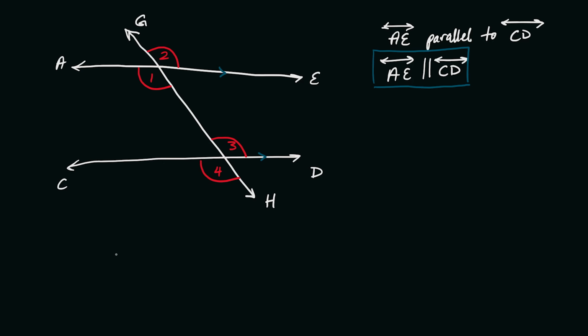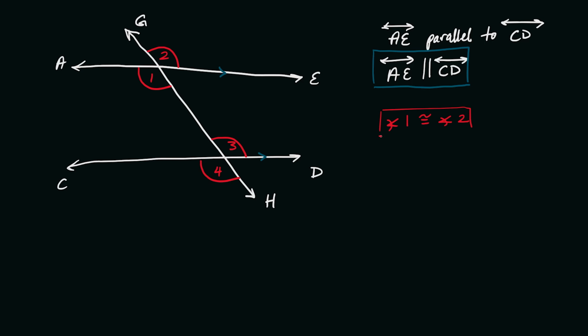Now, this will work whenever we have two parallel lines and a transversal: we can have alternate interior angles and alternate exterior angles, right? So now, let's say that angle 1 is congruent to angle 2.